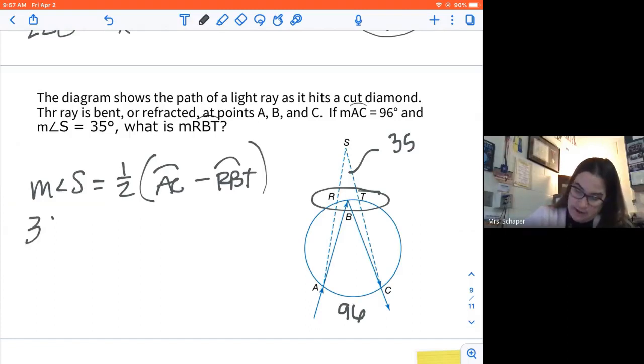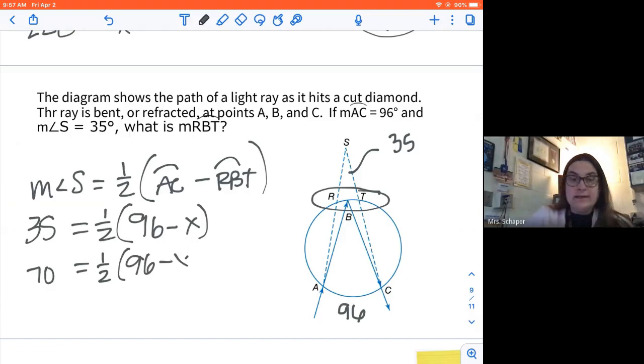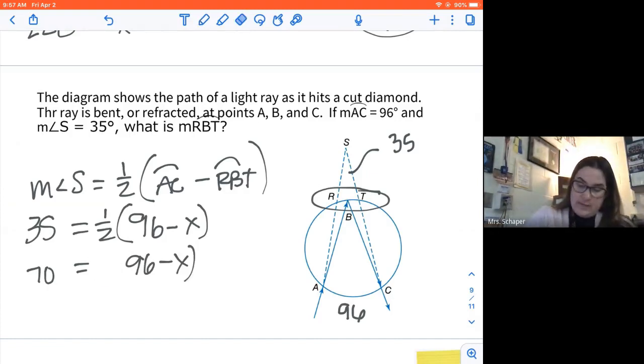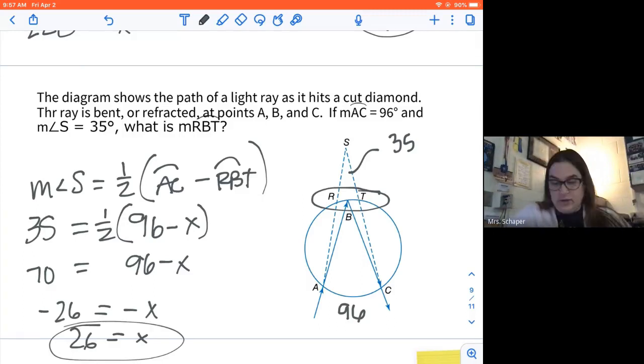So 35 is equal to 1/2 times 96 minus X. So 70 is equal to 96 minus X. Oh, I've got to get rid of the 1/2. That's why I multiplied by 2. And then negative X equals negative 26. So X equals 26. Again, filling that information into the equation.